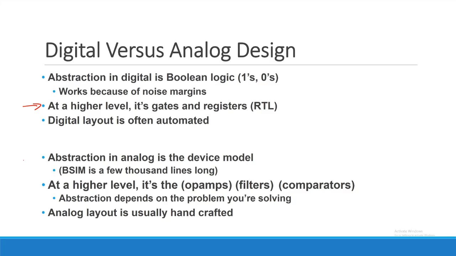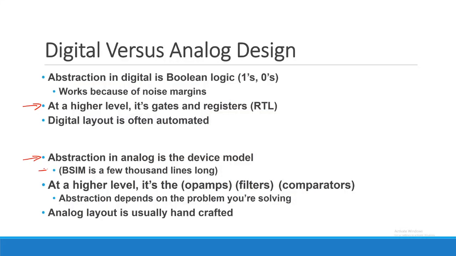If you contrast that to analog, well, in analog, oftentimes the highest level of abstraction we can do is the device. Okay? And unfortunately, it's usually the device model that's our abstraction. So by the way, how many of you have actually opened up a BSIM model and taken a look at it? Anybody ever done that? Okay, I'm guessing at least a few of you have opened the list of parameters, right? And if you did that, you saw there were probably about 300 of those parameters.